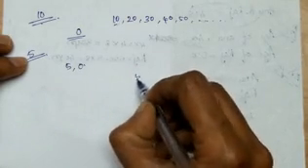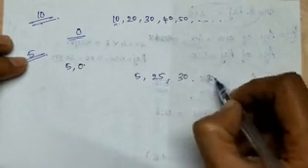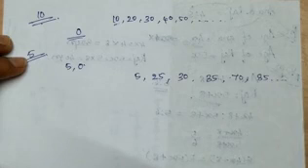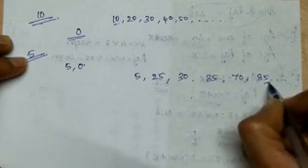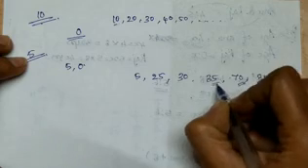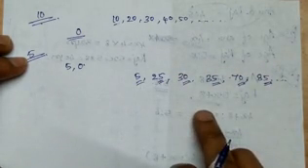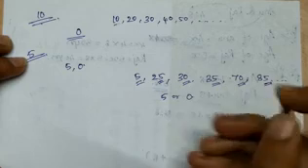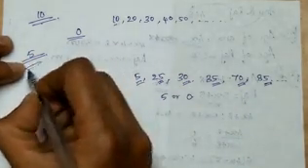For example, 5, 25, 30, 35, 70, 85, etc. Okay. So, if the ones digit of a number is 5 or 0, either 5 or 0, then the particular number is divisible by 5.